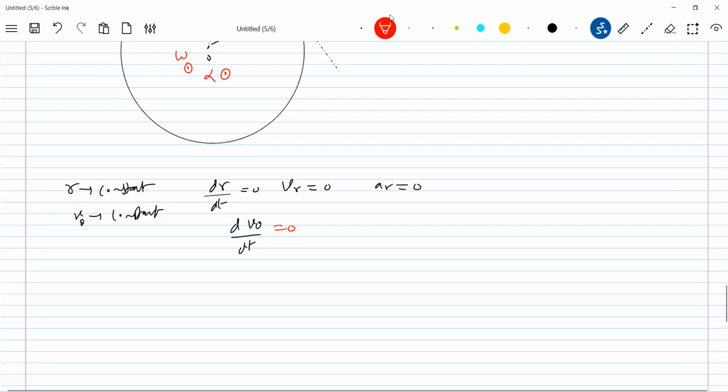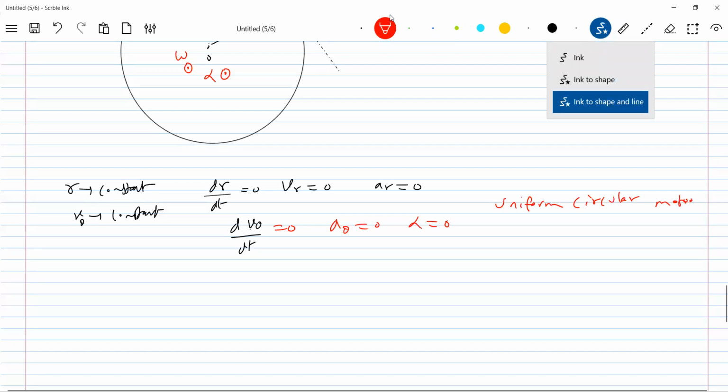If this is 0, then definitely what will happen? The a theta will be 0. If a theta is 0, alpha will be 0. So from this, we can conclude it's a condition of uniform circular motion.